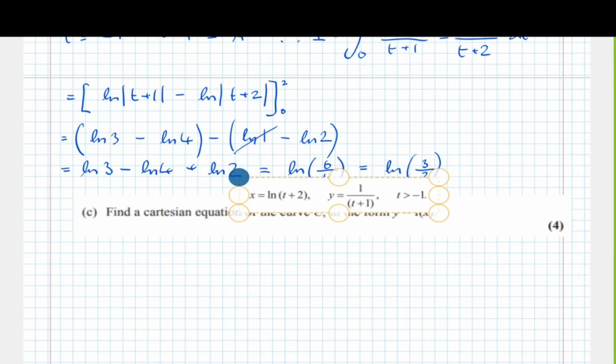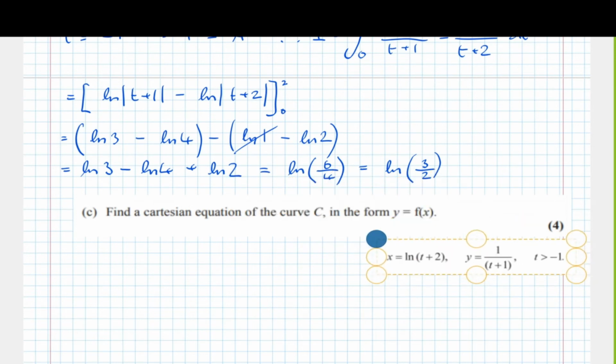There they are there. So find the Cartesian equation of that, i.e. eliminate t. And it specifically wants it in the form y equals. So there's a lot of work you can cut out for yourself by starting with one particular equation, given that you need y equals as the answer.